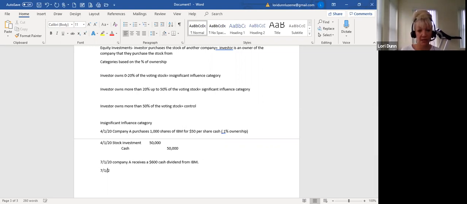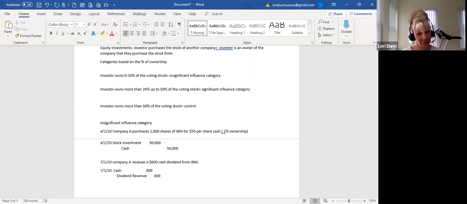Well, all Company A does when you have insignificant influence is debit cash for the amount of the dividend. You definitely got $600 cash, but you credit dividend revenue. So you credit dividend revenue whenever you receive a dividend in this category.